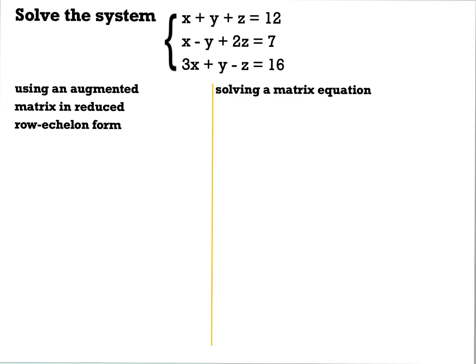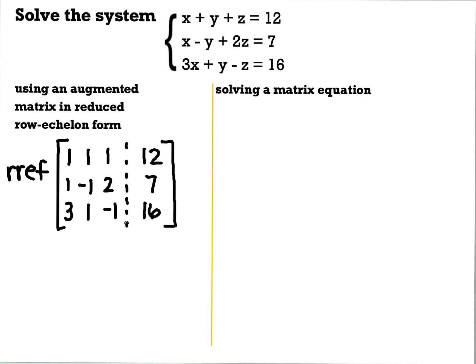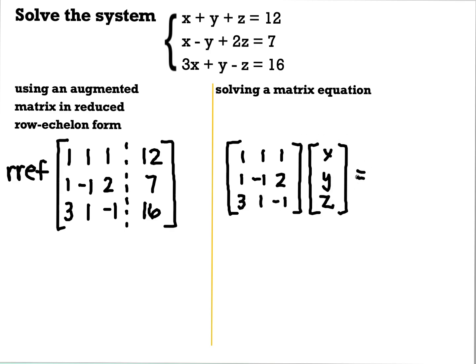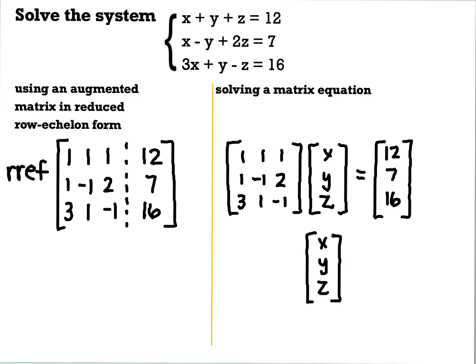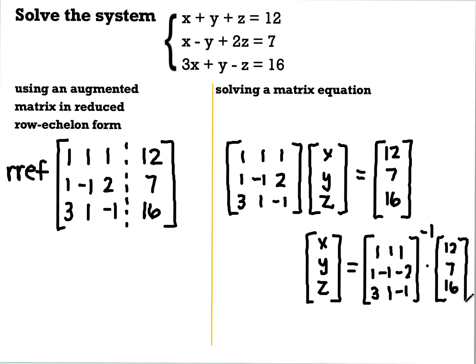I just want to review quick those two methods. Our first method by hand was all that Gauss-Jordan elimination, but we know in our calculator we can just use the RREF button.